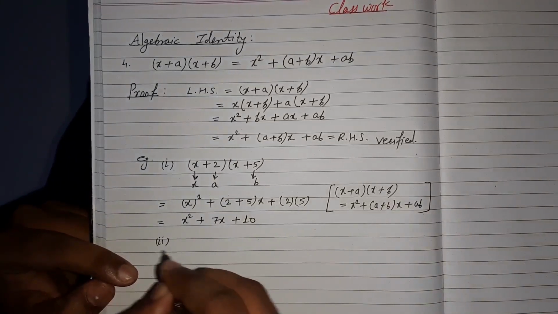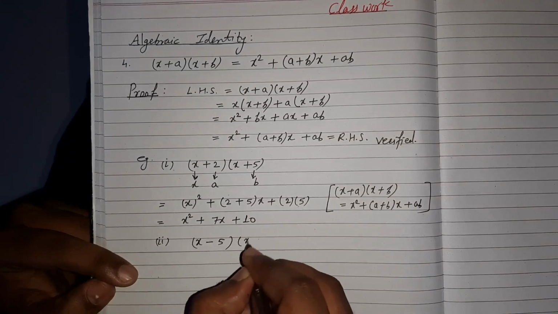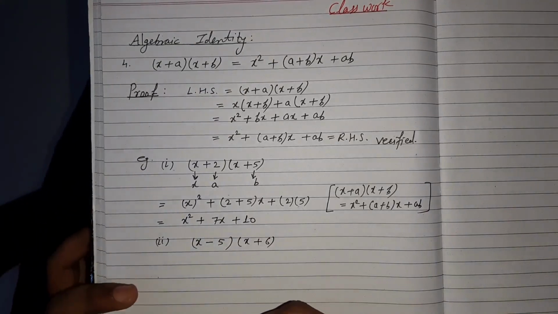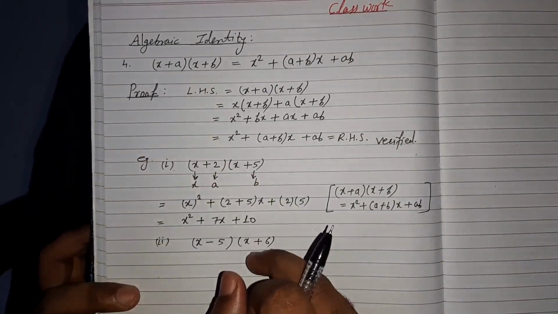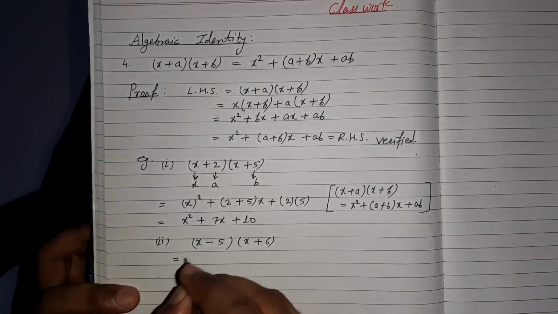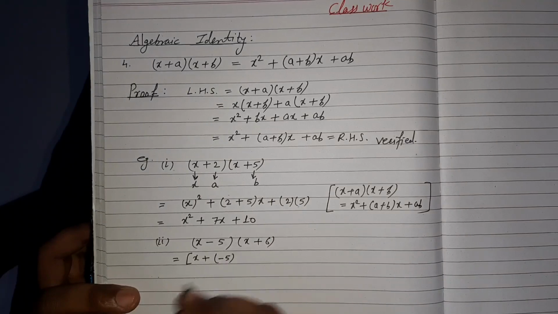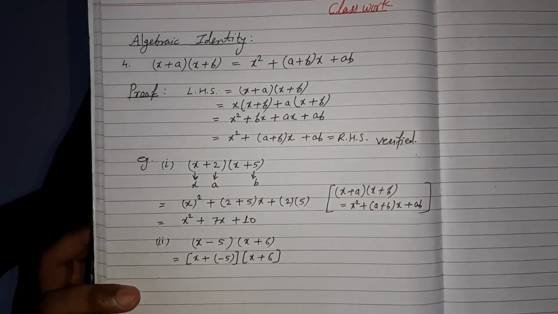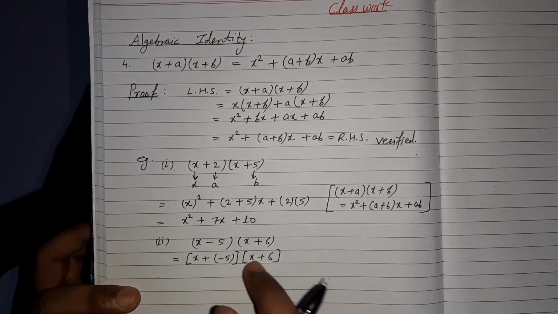Example number 2: (x - 5)(x + 6). First we will write this question in standard form. We can write it like this: (x + (-5))(x + 6). Now you can see it is in standard form, (x + a)(x + b).